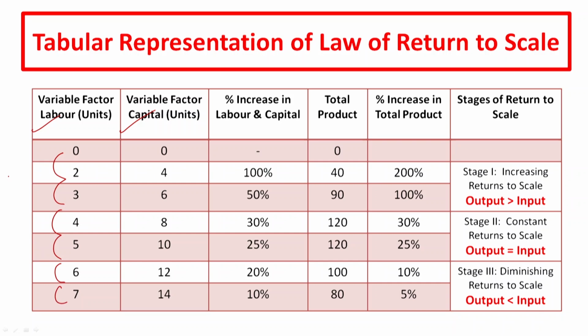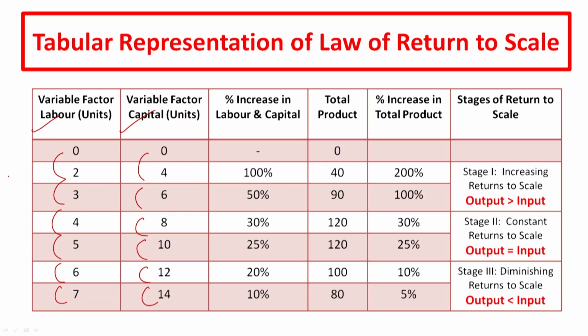One by one you are increasing the variable unit, labor, and you are increasing the capital from 0 to 4, 4 to 6, 6 to 8, 8 to 10, 10 to 12, 12 to 14. That means simultaneously you are increasing both factors in an equal proportionate manner for increasing the level of output.